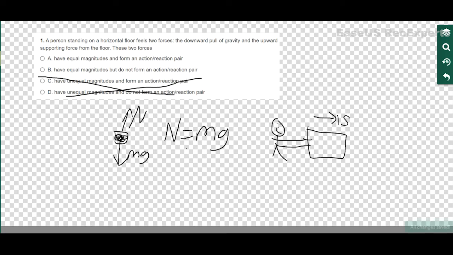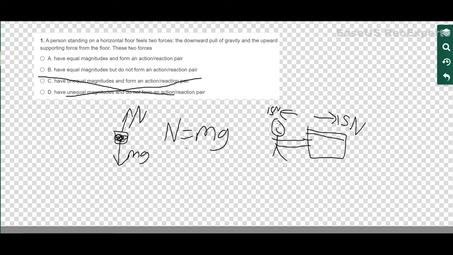The box pushes back at him with another force of 15 newtons. So if an object exerts a force on another object, the object that is receiving that force also exerts a force back onto that person or that other object.